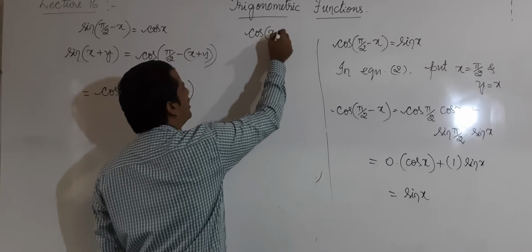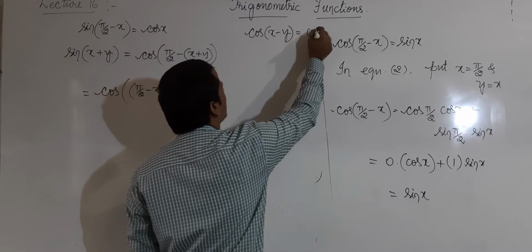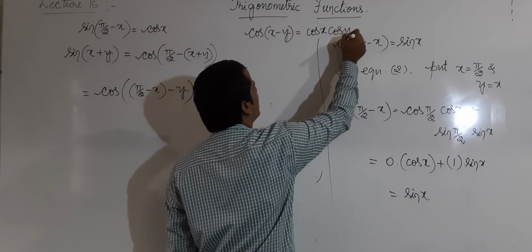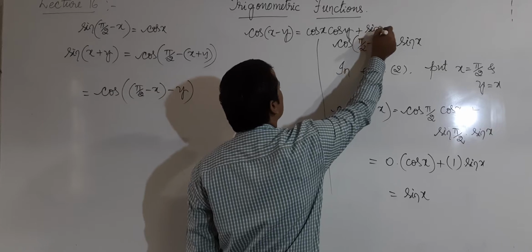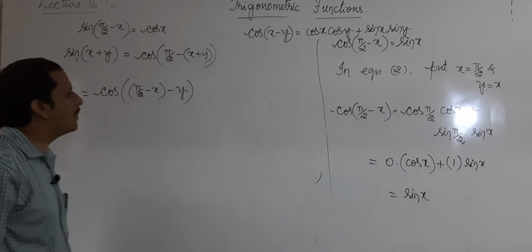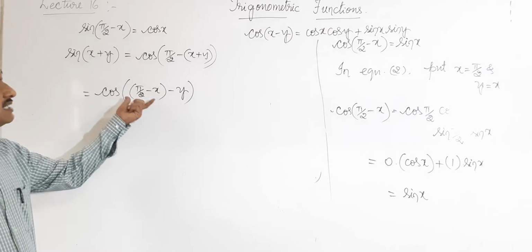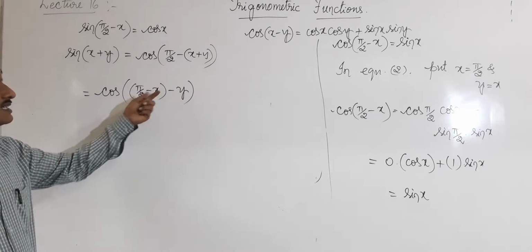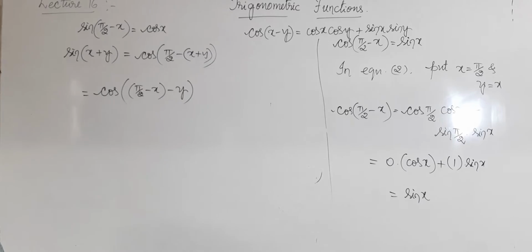This looks like cos a minus b, or cos x minus y. Just now we have derived that formula, cos x minus y is equal to cos x cos y plus sin x sin y. This formula we know. So here in place of x we have pi by 2 minus x, in place of y we have y itself.